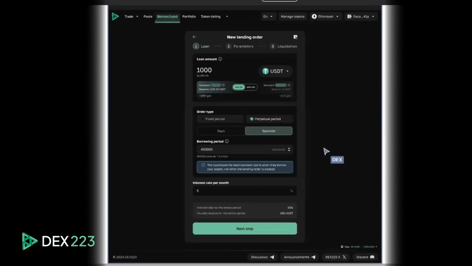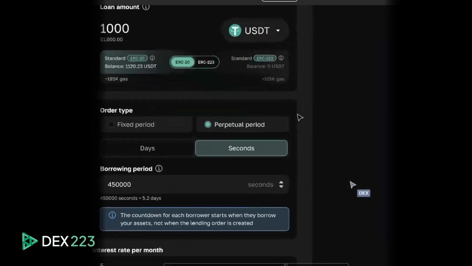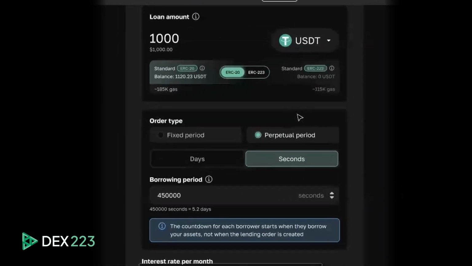The system is built in a way where lenders create the lending orders. They put the funds there, and they specify the conditions under which these funds can be borrowed and used for trading. They set these restrictions that I mentioned earlier.